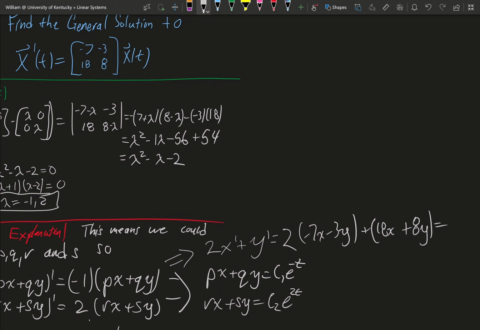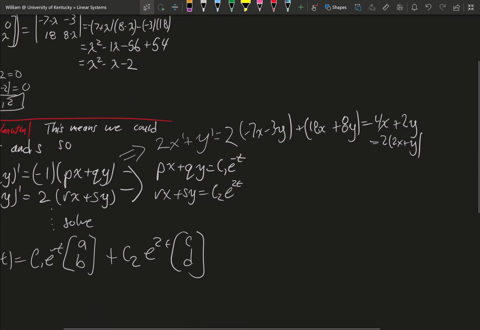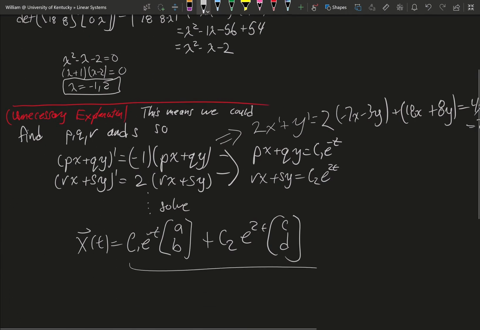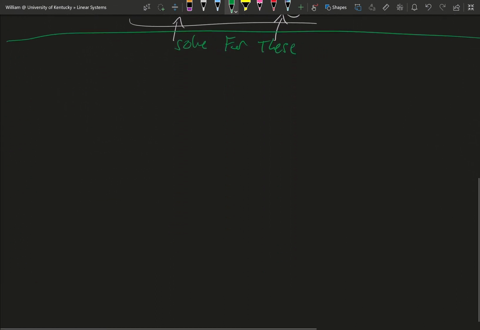And that would leave me with negative 14 plus 18 is 4, and negative 6 plus 8 is 2. So I could go ahead and solve for stuff like that, but at the end, we're going to end up with something like this, and it ends up being faster to just solve directly for this A, B, and C, D. So we're just going to solve for those instead.